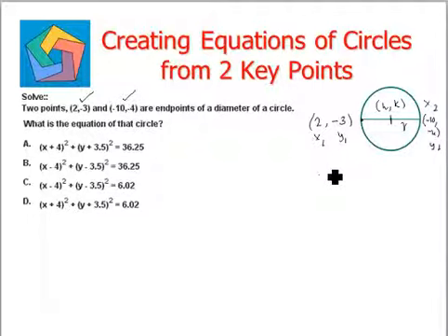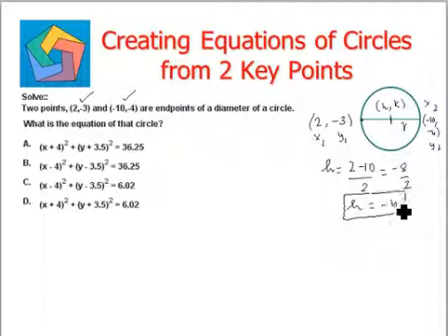So h is given by x1 plus x2, that is 2 minus 10 divided by 2, which is negative 8 over 2, which is equal to negative 4. So we have h as negative 4. K is found out by y1 plus y2 divided by 2, which is negative 7 over 2.